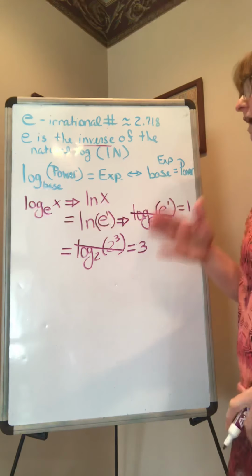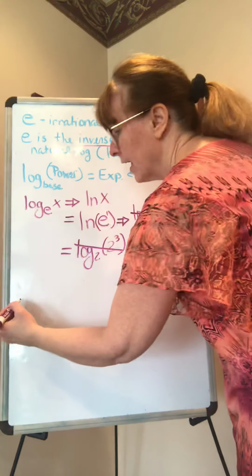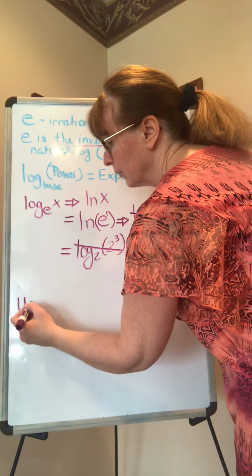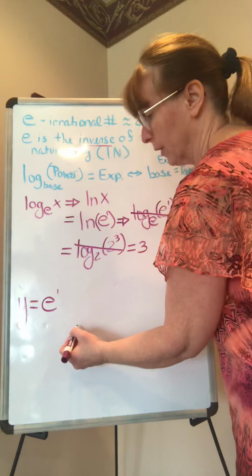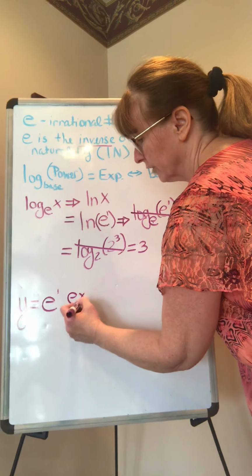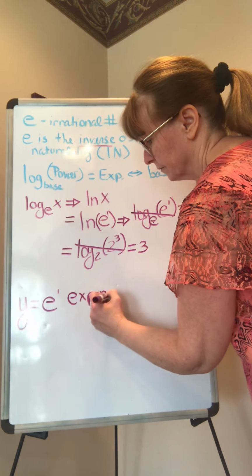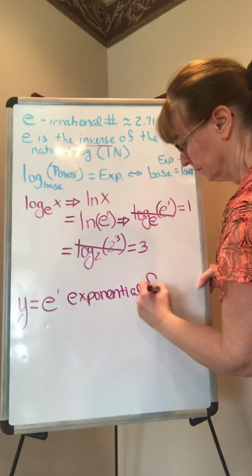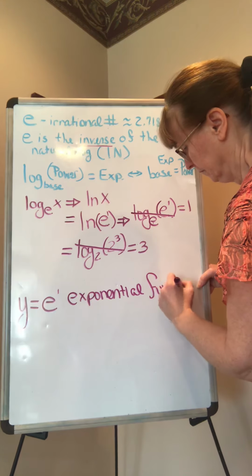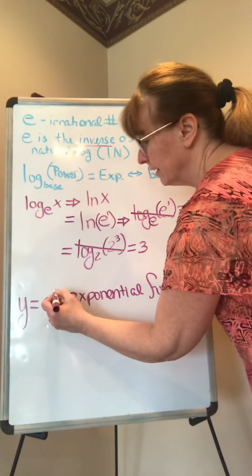Now, let's go a little bit into what does e look like. Since every time you type it in on your calculator, if you went to y equals and you put in e to the 1st power, this is an exponential function. Actually put in e to the x power.